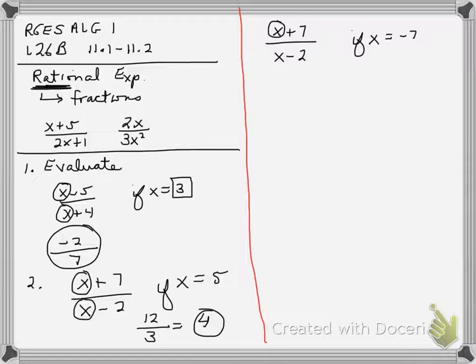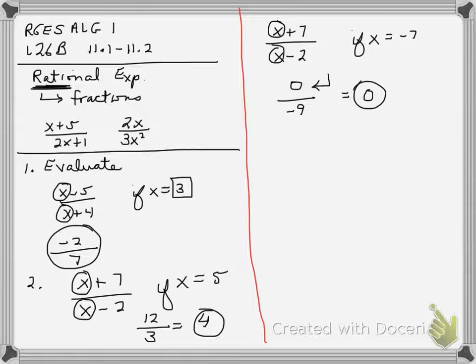Well, notice when I have negative 7 plus 7, I get a 0 in the numerator. Now, it's fine to get a 0 in the numerator. And then I would have a negative 7 minus 2, or negative 9. So whatever I have in the denominator, if I have a 0 in the numerator, the whole answer will simplify to 0.